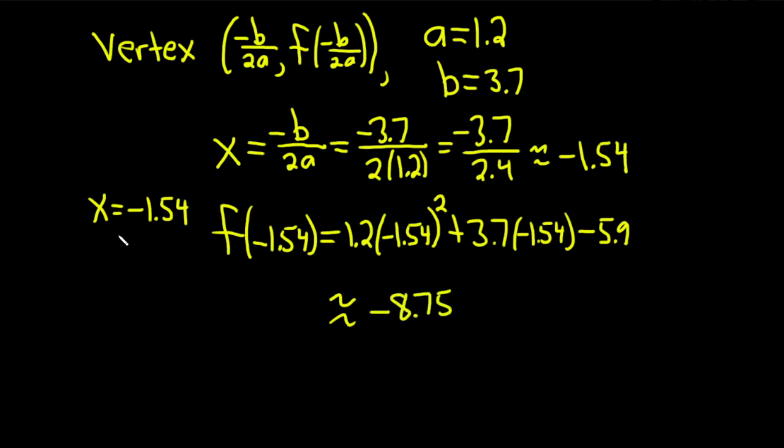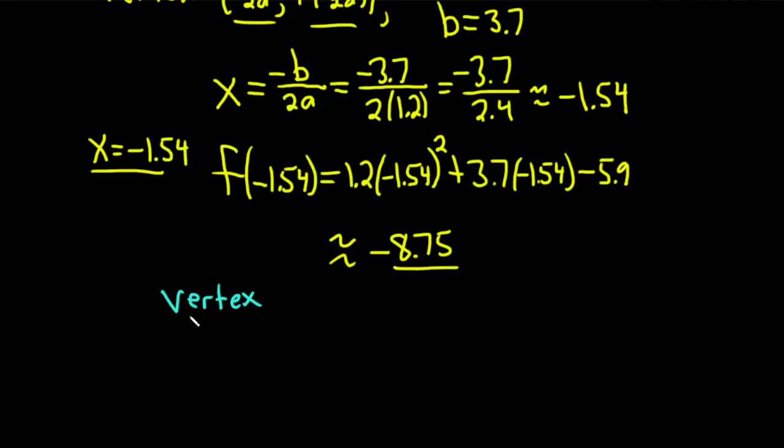So our vertex, this is our x, this is our y, right, using this formula. So the vertex in this case is going to be negative 1.54, comma, negative 8.75.